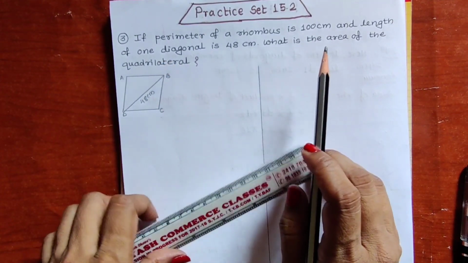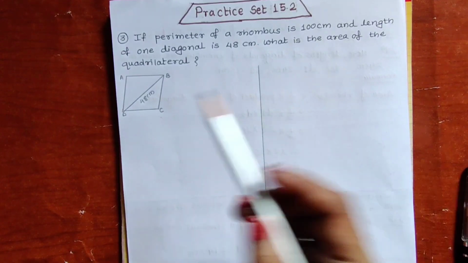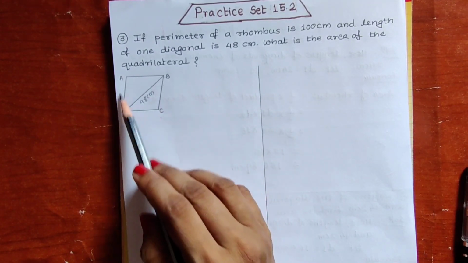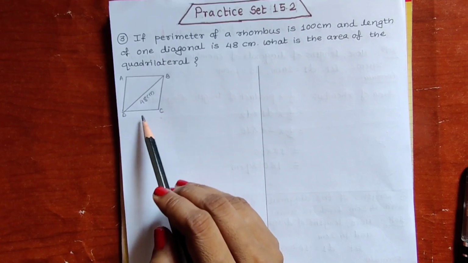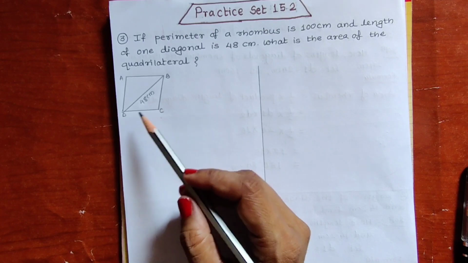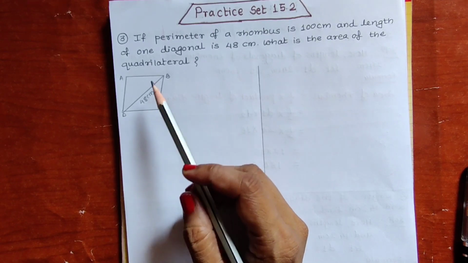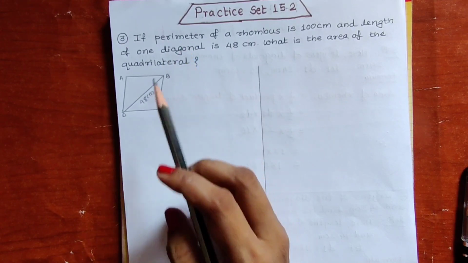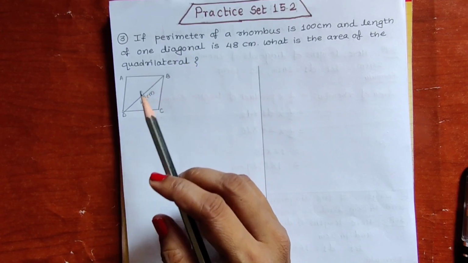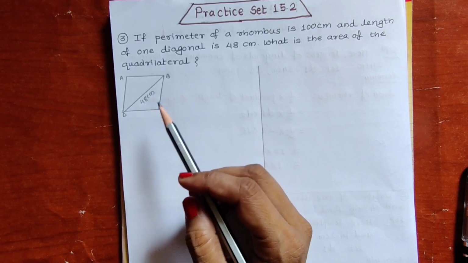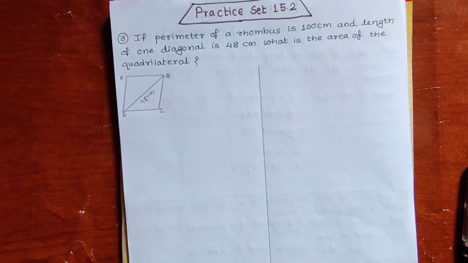Perimeter we all know, we have studied in our 7th standard. Perimeter means sum of lengths of all four sides. So the formula for perimeter of rhombus also we have learned in our 7th standard. The formula is 4 multiplied by side. So we will be first applying the formula of perimeter of rhombus, and then we will find out the length of second diagonal. Let us see how to do this.